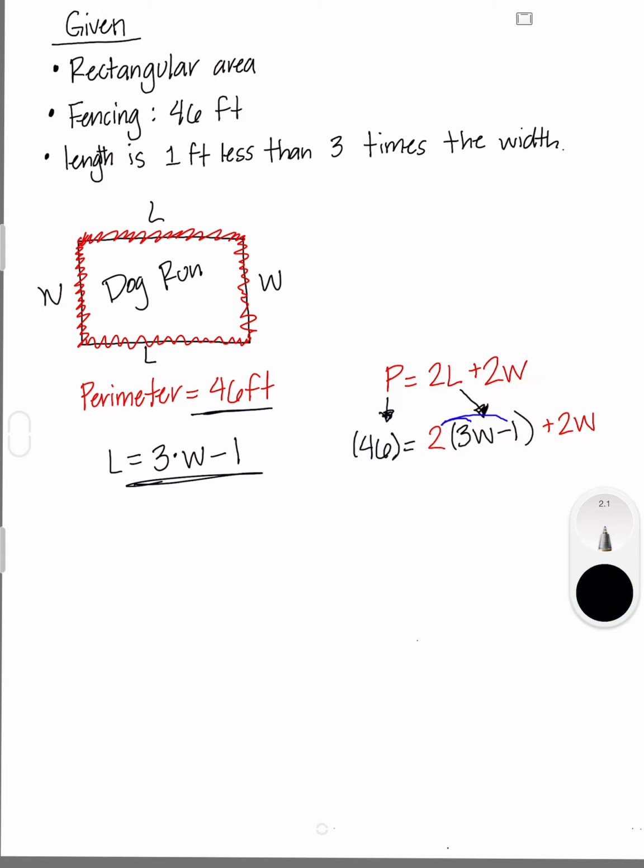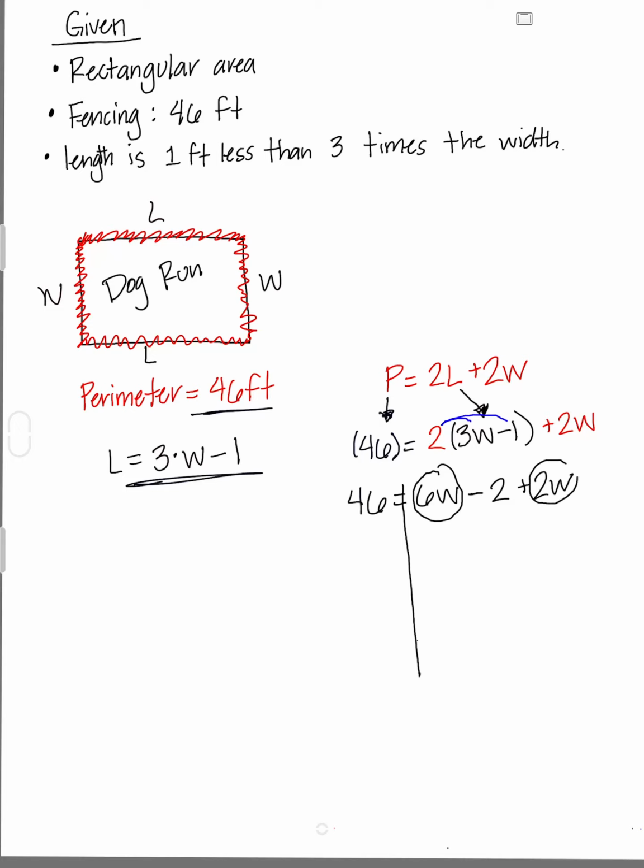So this is going to give us 46 equals 2 times 3W, which is 6W, and then 2 times negative 1, which is negative 2, and then the plus 2W that we still have outside. From here, we can simplify the right side by combining 6W and 2W.